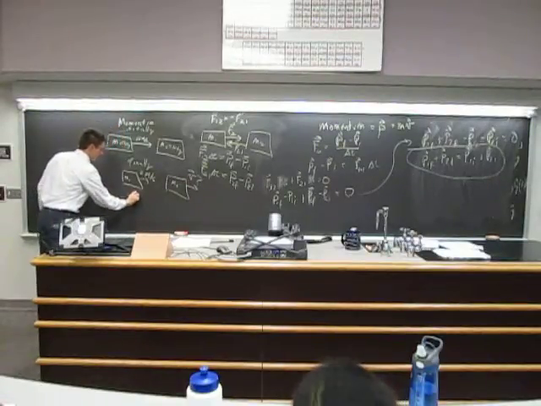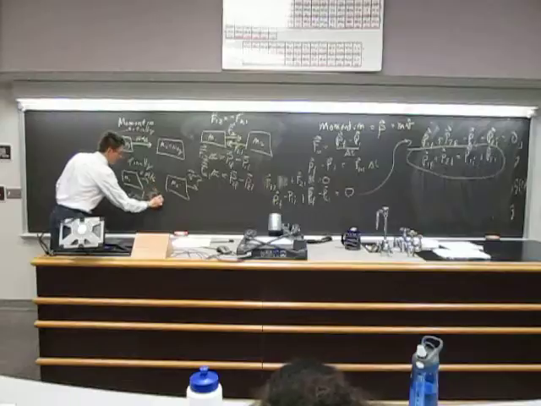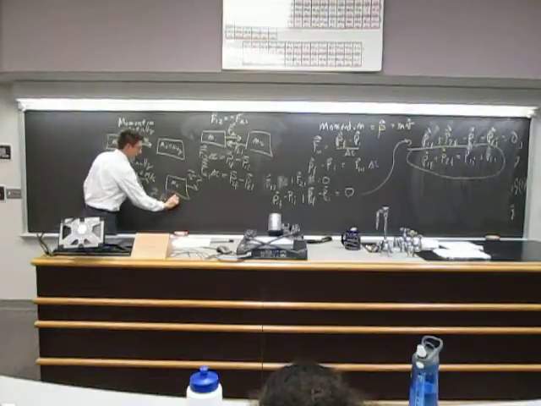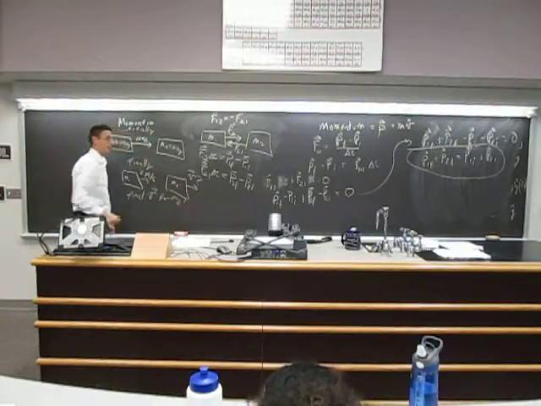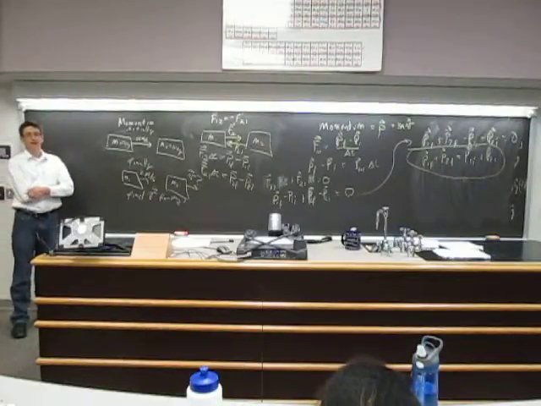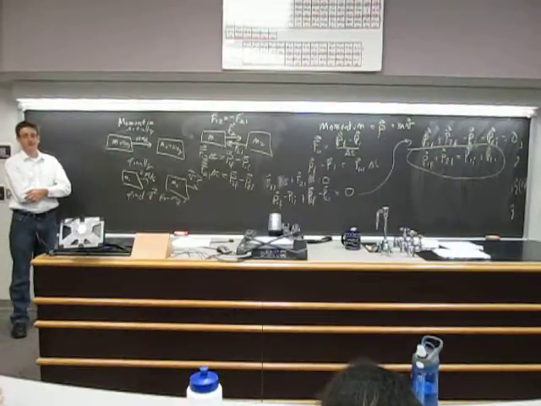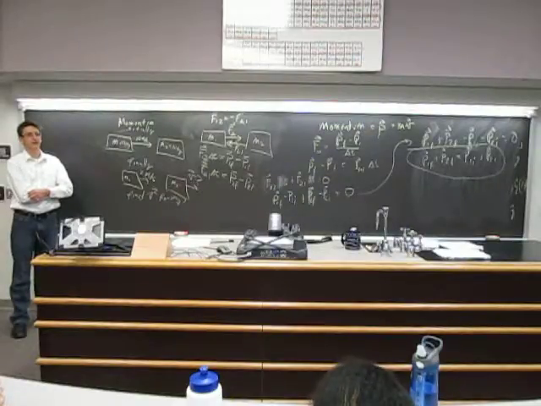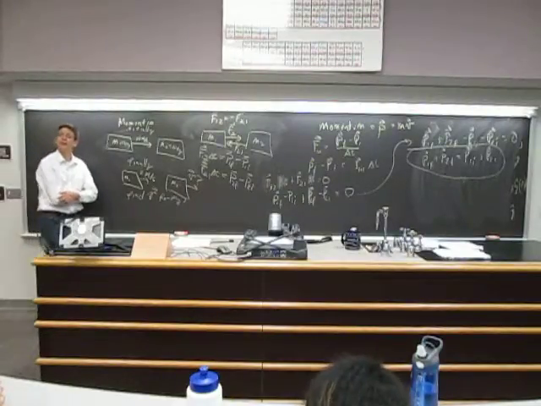So find V for M2. I'll go ahead and let you give that a try. You can work with the people next to you. Just see if you can get that real quick, and then I'll go do it. Take about 2 minutes.